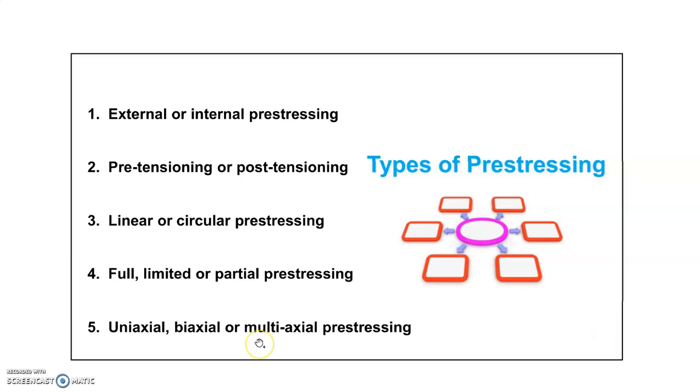Multi-axial pre-stressing is where the axis of the cable is in multiple directions. The best example is adoption of the pre-stressing technique in construction of domes or the bottom slab of a circular water tank. So these are the examples for multi-axial.